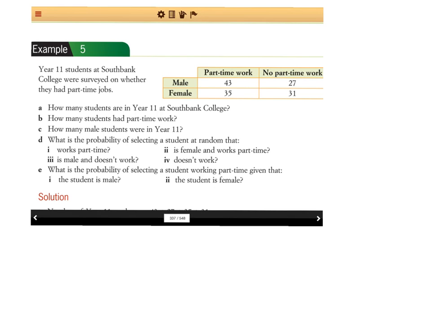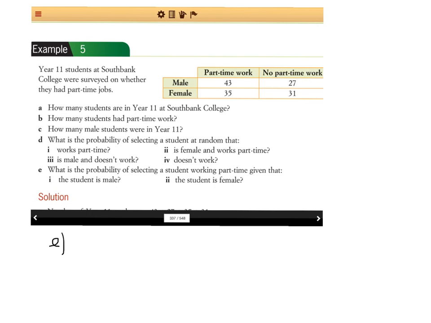Now we're up to question E. What is the probability of selecting a student working part-time given that the student is male or the student is female? First, what is the probability of selecting a student working part-time given that the student is male?